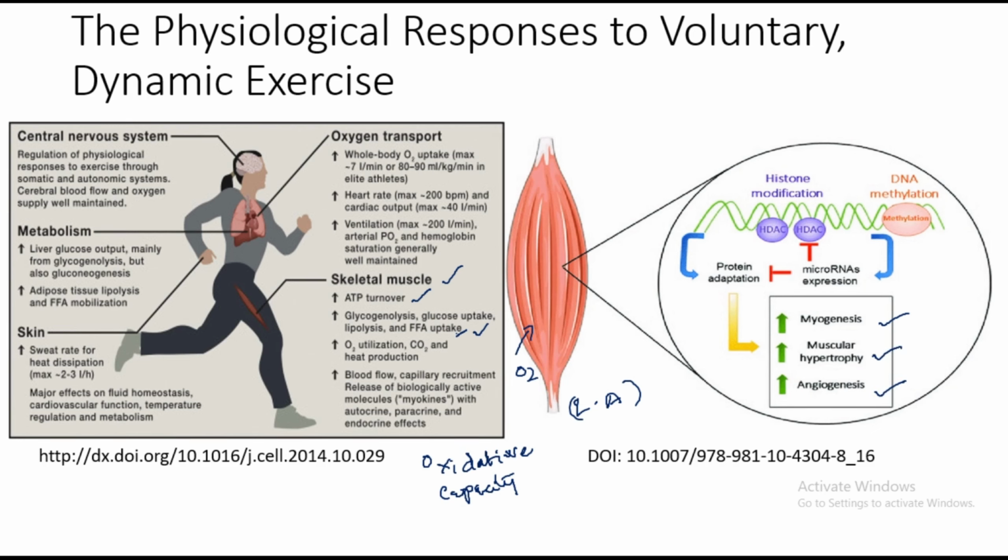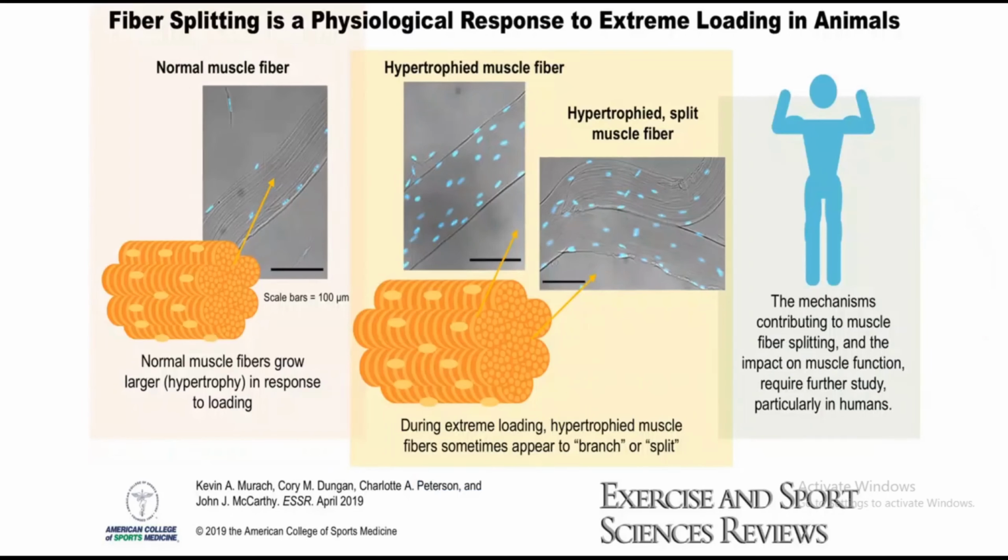Apart from these changes, myogenesis is muscle genesis, production of more muscles; muscular hypertrophy is increasing muscle size; angiogenesis is production of new blood vessels. These are the long-term changes usually seen with regular training of the skeletal muscles involved in regular training.